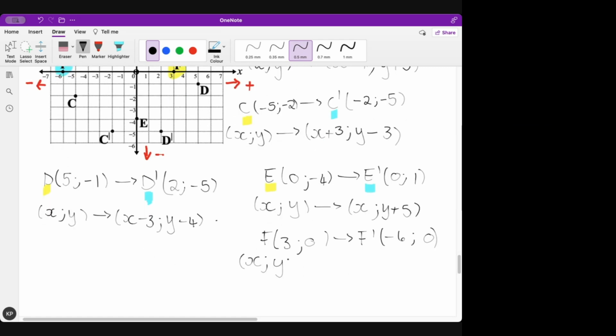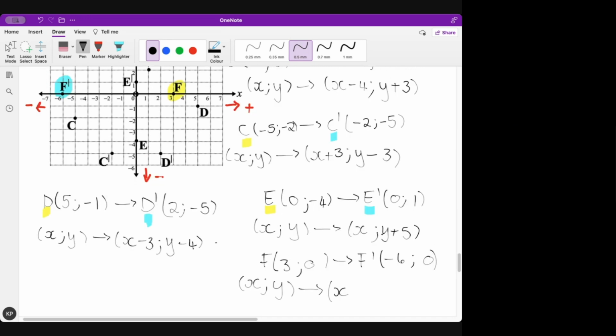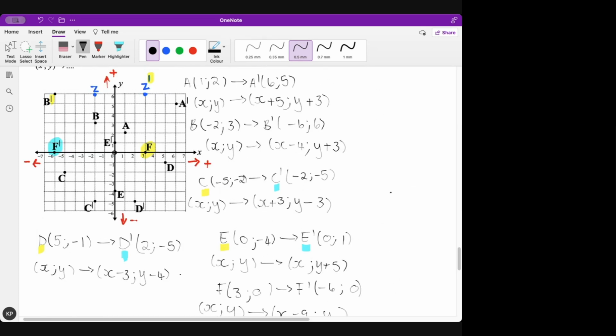X, Y. Okay, let's talk about X movement. Plus or minus? There we go, Alice has it for us, negative, and we move 9 times. 6 plus 3 is 9, and my Y didn't move, so it's just a Y.